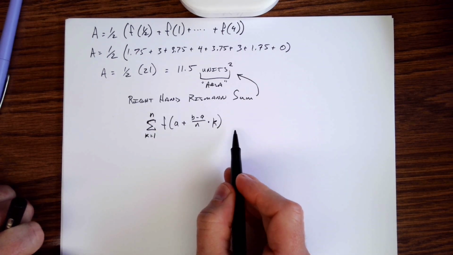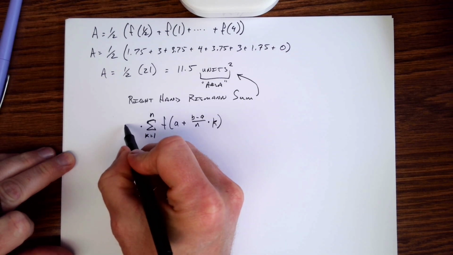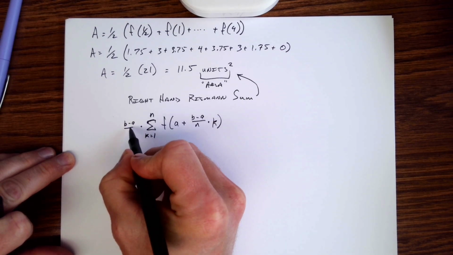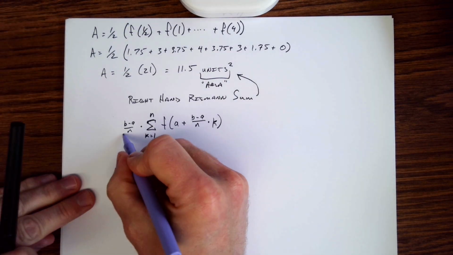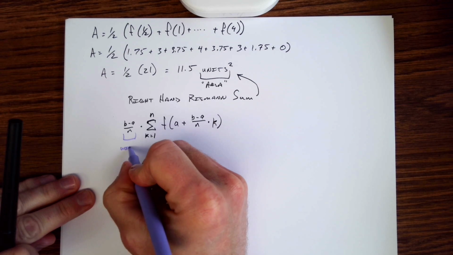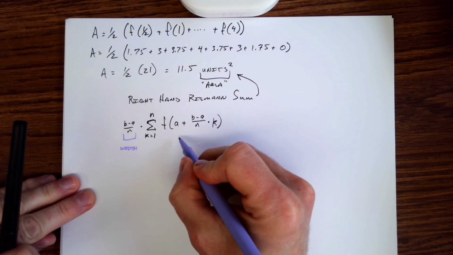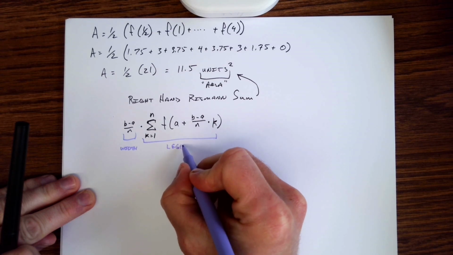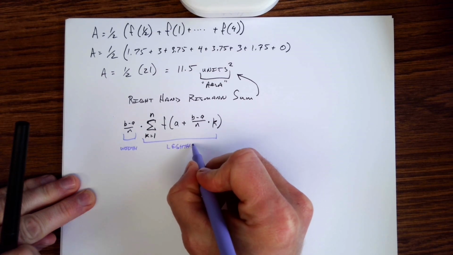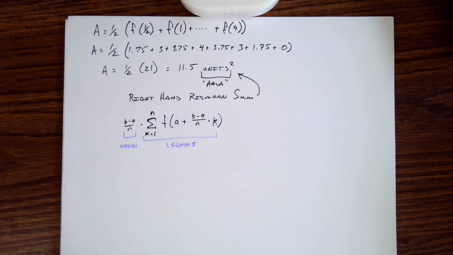And that right there times b minus a over n, remember? Once again, what I'm pointing out here is this is the width, and this right here are the lengths, plural, or the heights, however you want to talk about it.